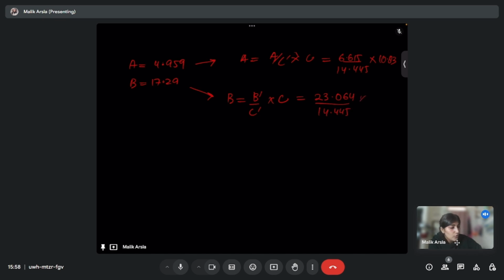I hope you are following this. And from here you get these two values. Now a plus b is equal to 4.959 plus 17.29, which is equal to what? 22.25.